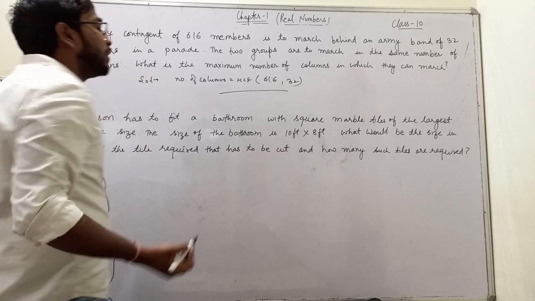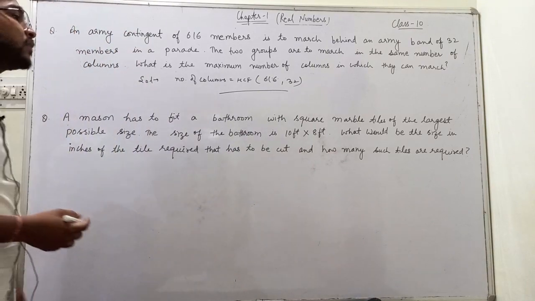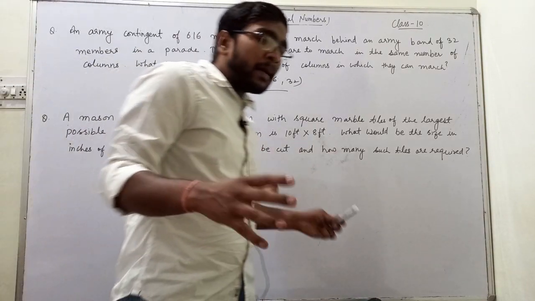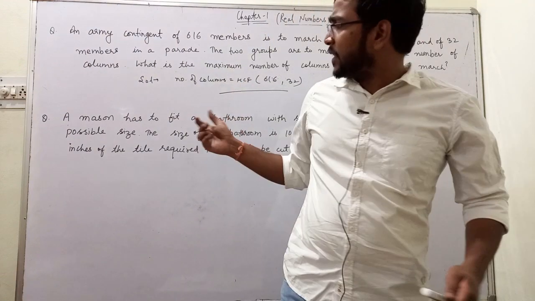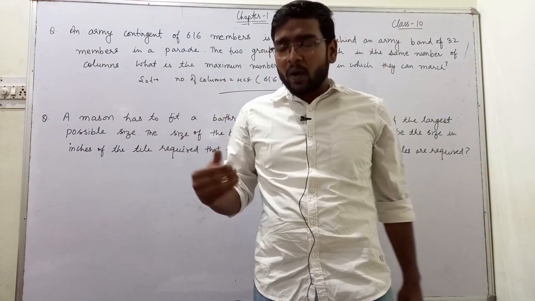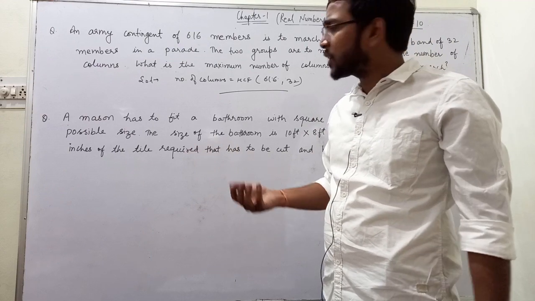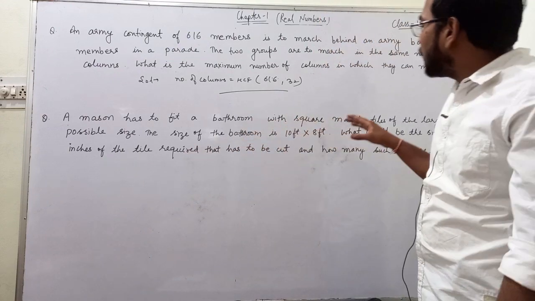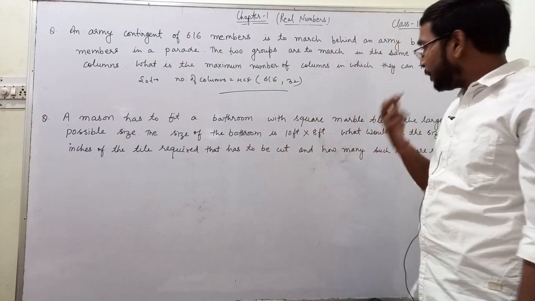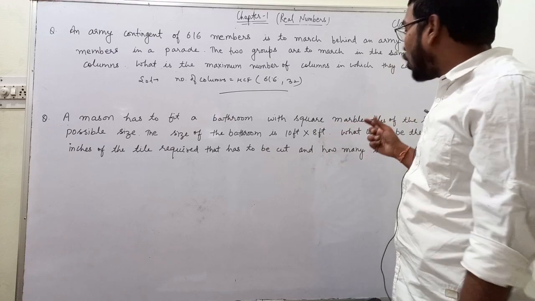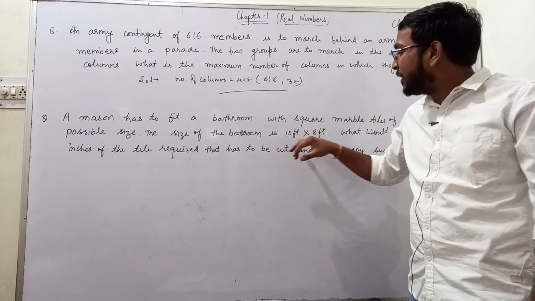Okay, and in the second problem, a mason means a mistri. Okay, the one who works with stones, etc. He needs to fit square marble tiles in a bathroom. The size of the bathroom is 10 feet by 8 feet.